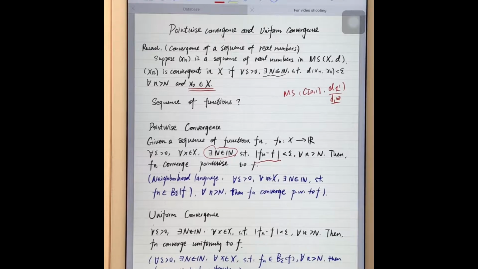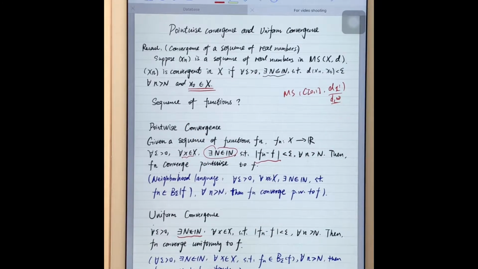You see, actually, the essence is still to find a natural number N, but the difference between pointwise convergence and uniform convergence is that in pointwise convergence, the natural number N can be one-to-one correspondent to the x you choose.